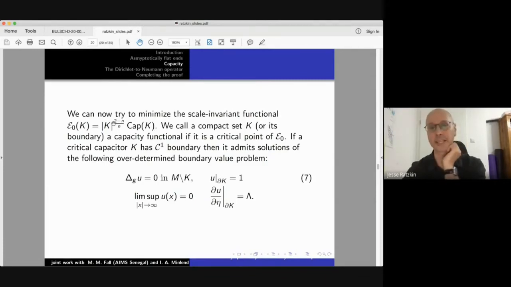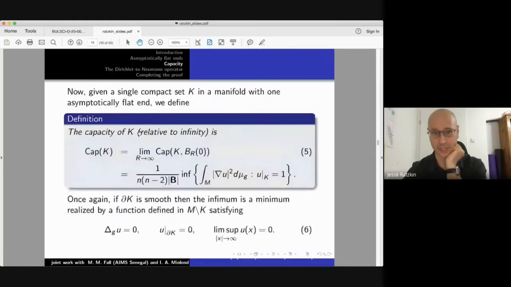I can try to find compact sets K which minimize my functional. On the face of this, if I look at my definition of this capacity and think of scaling my set K, this is going to scale my capacity.